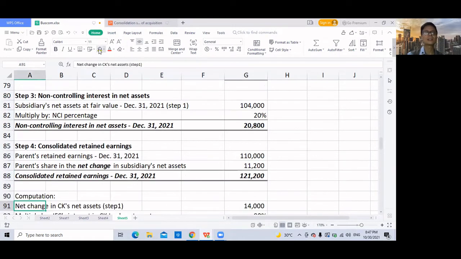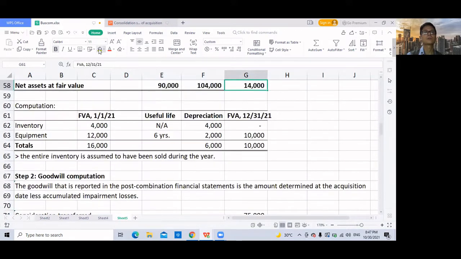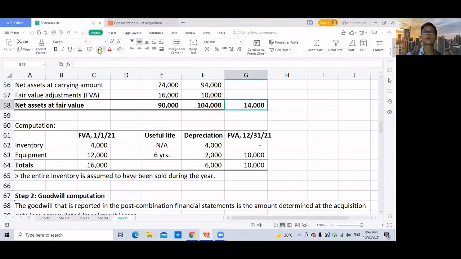Yung net change in CK's, yung subsidiary net asset is 14,000 which is computed dito sa step 1. Ayun, yung 14,000. Yung 90,000 yung fair value niya at the beginning tapos naging 104 at the end of the year, so 14,000.